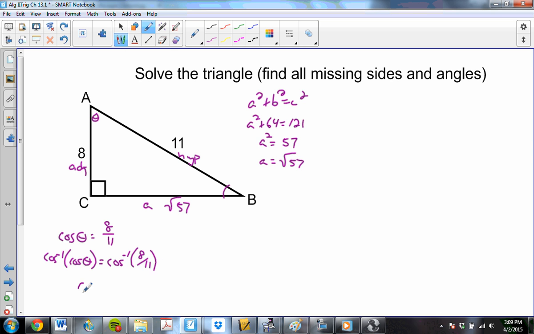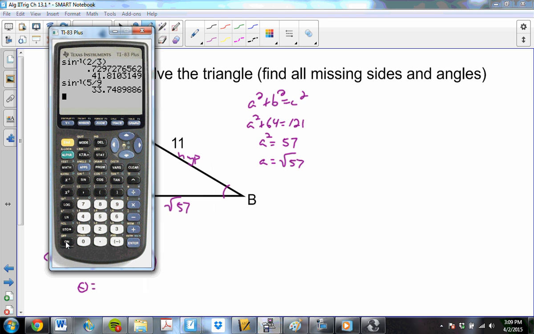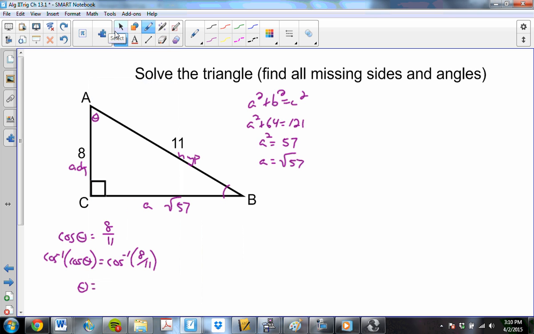And that gives me that theta equals the inverse cosine of 8/11, which is 43.3 degrees. If I really wanted to, I could also do a sine inverse and find B. But since I've got a right triangle, and I know angles A and B have to be complementary, they have to add up to 90 degrees, this must be 46.7 degrees, because those add up to 90. I've now solved the triangle, found all the missing sides and angles.